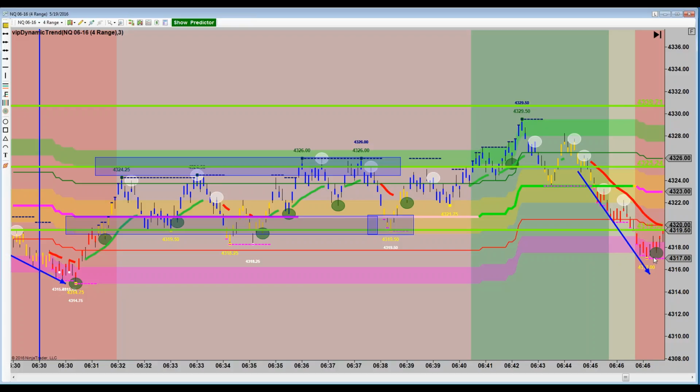Now if we're going to head down, what should happen beyond this point? If we look beyond the right edge, and we're right here at 6:46, so 15, 16 minutes into trading, if in fact this was going to turn out to be a downtrend, what should happen beyond this right edge? What would we be looking for to occur? Just type in what your thoughts might be.